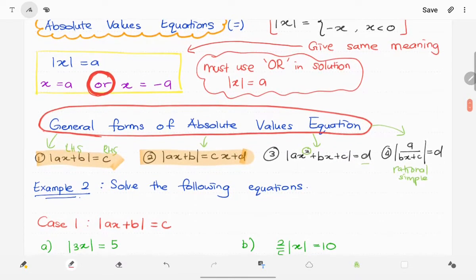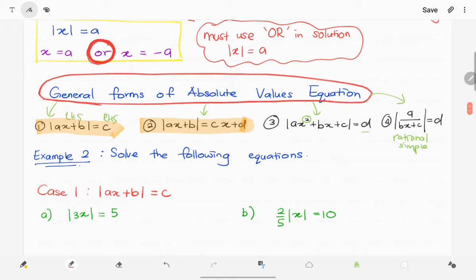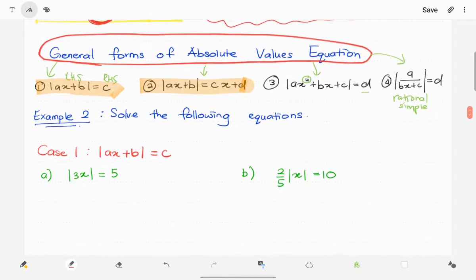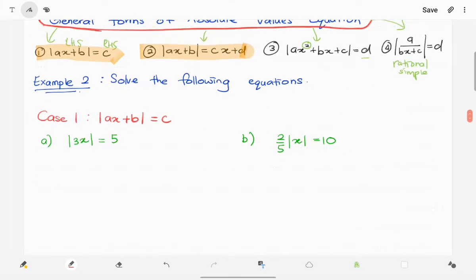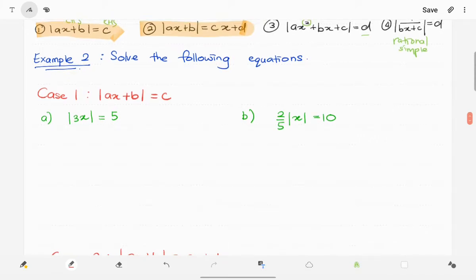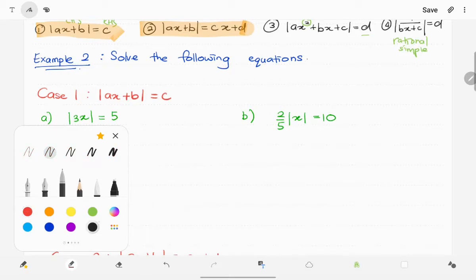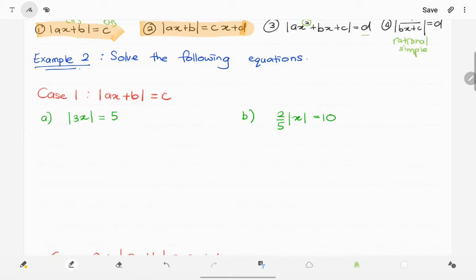So let's look at example 2. Solve the following equation for case 1, which is modulus ax plus b equals c: linear on the left hand side, constant on the right hand side. So let's look at example 2a for case 1.